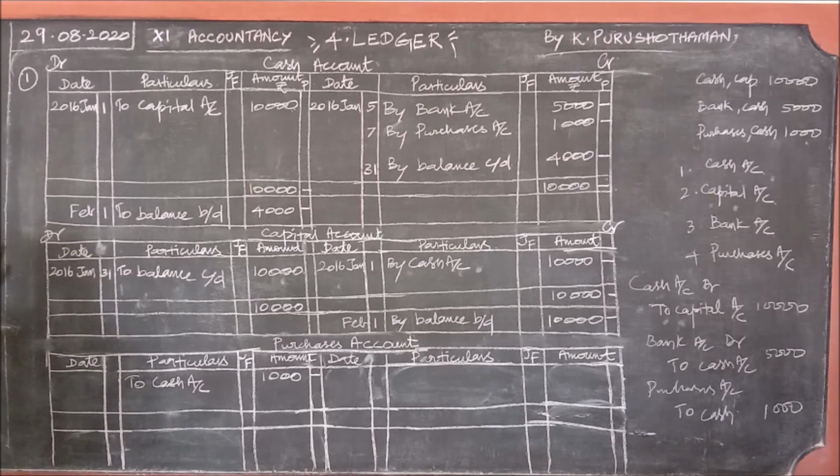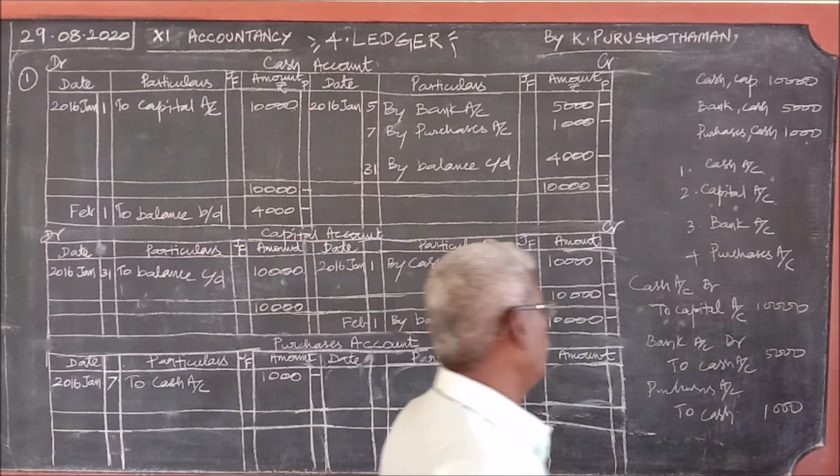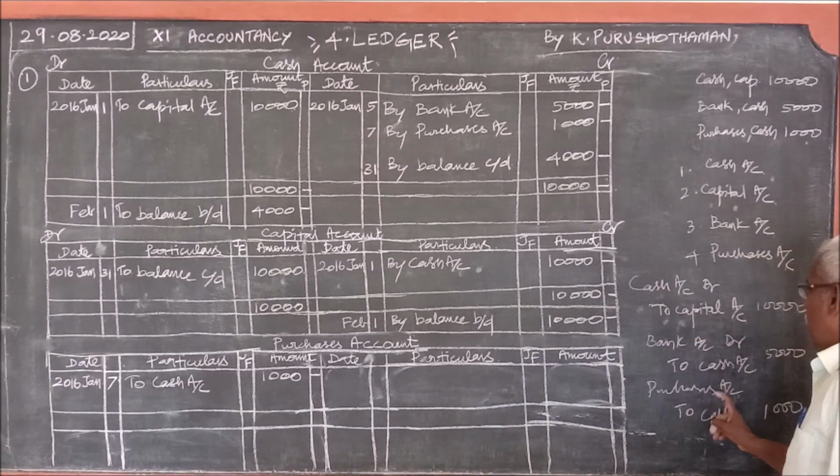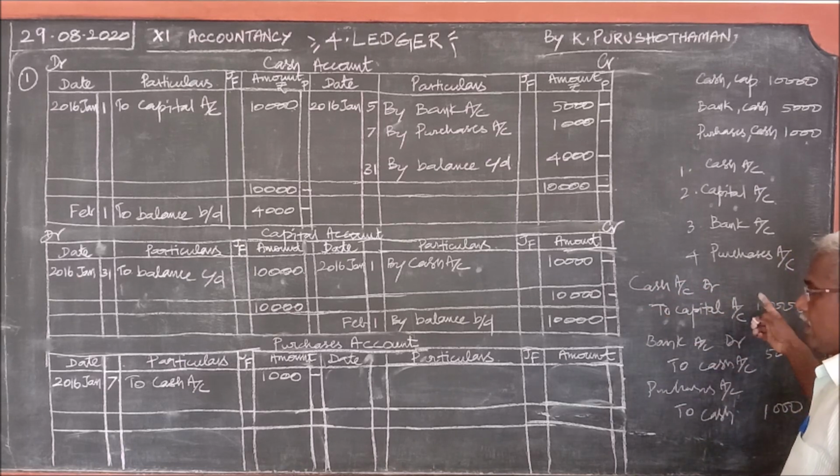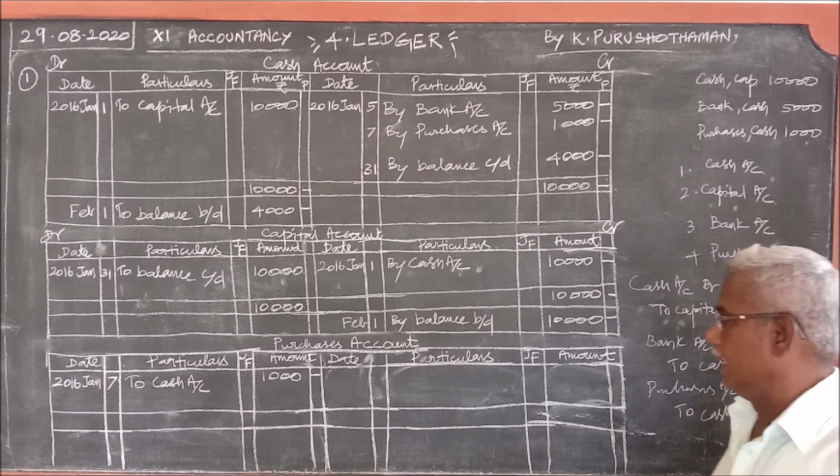The date of posting is the 7th, 2016 January 7. Now, is there any other entry for purchases account? No. This is the only place where the purchases account appears out of these three journal entries. So we have passed the entry.